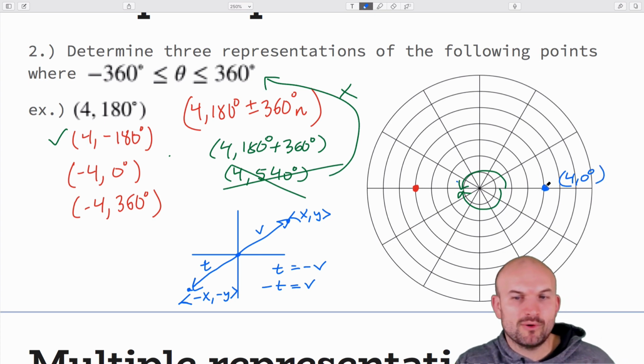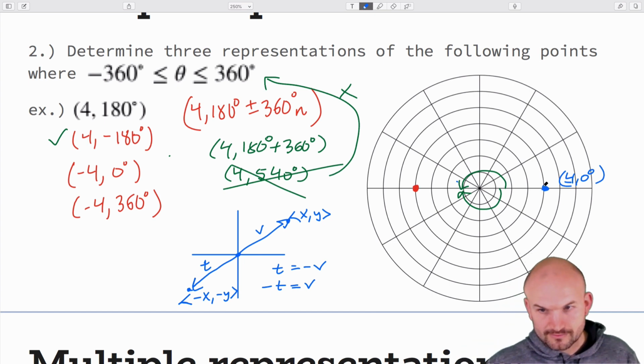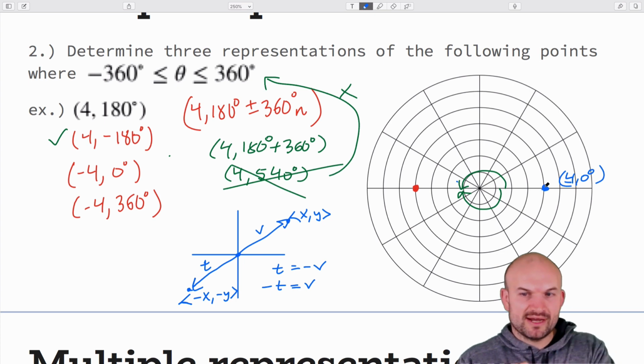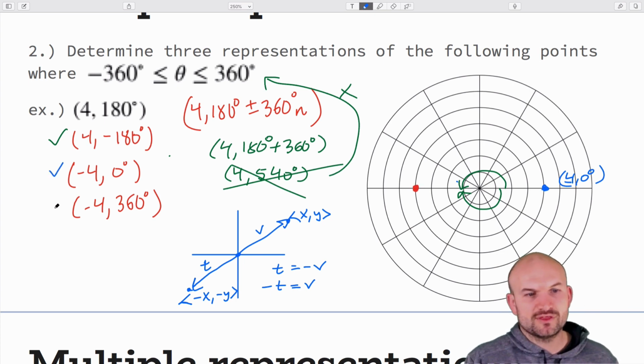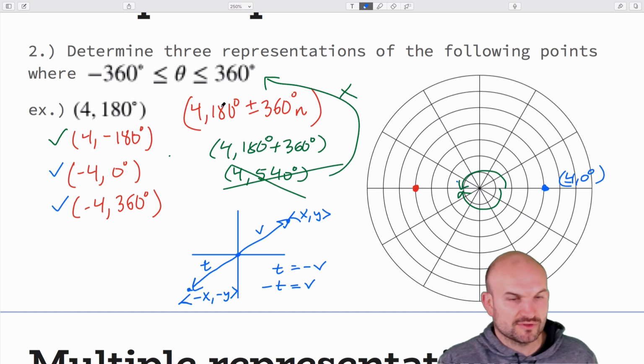But again, those are not the same vectors, obviously. But if I make this a negative, that's going to reflect it about the origin. So it's over here. So actually that point, negative 4 comma 0 degrees, is this point being reflected about the origin, which is going to produce that point. So therefore, those two angles work. And again, you could do 0 degrees or you could do 360 because it could be equal to 0 or it could also be equal to 360.